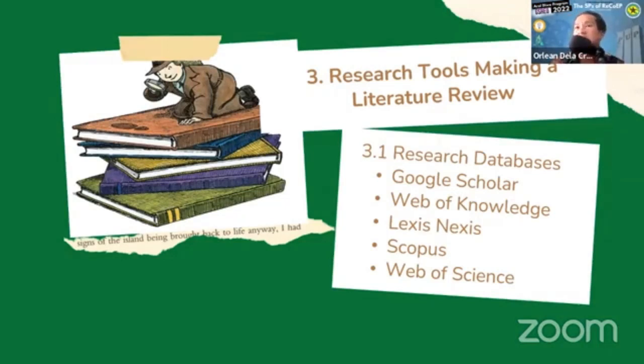Web of Knowledge has subscriptions, and there is LexisNexis, also Scopus and Web of Science. DOST actually offers access to Scopus. You just send the DOI or the research title, then DOST will help you download those research papers.